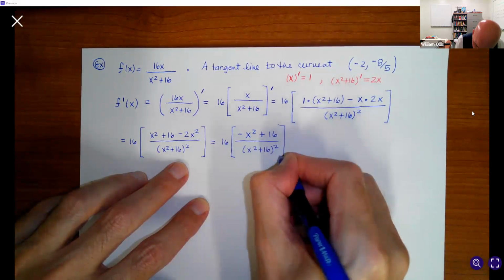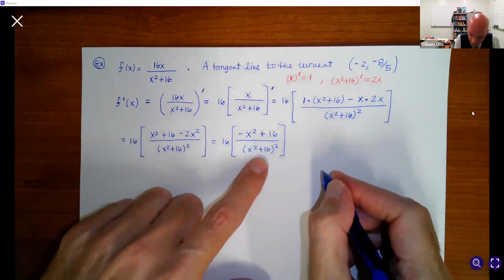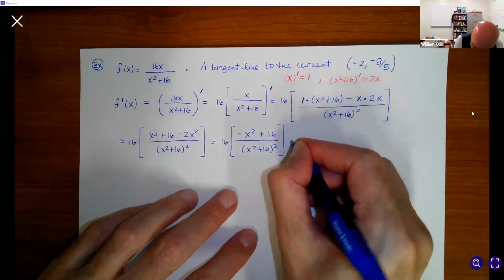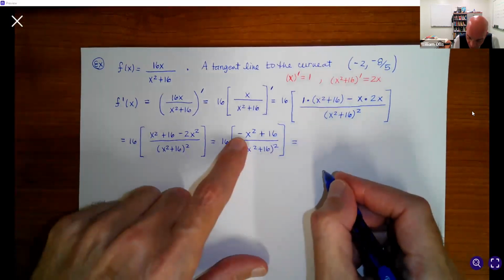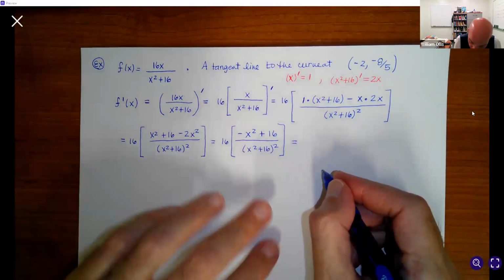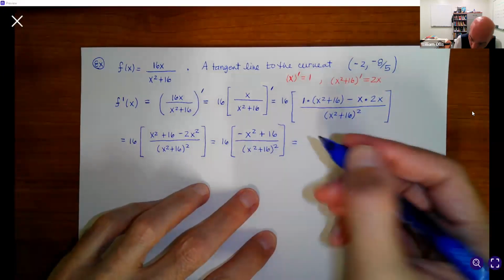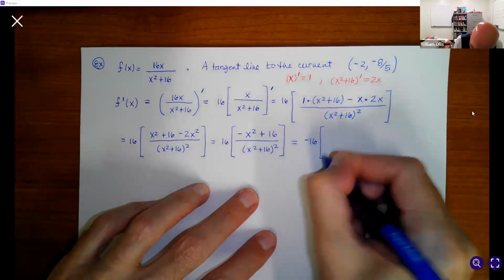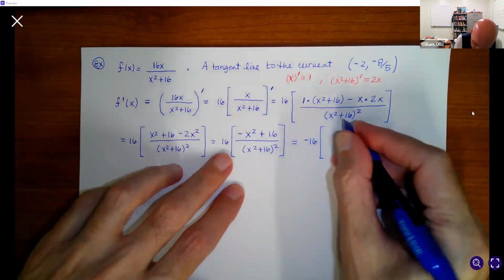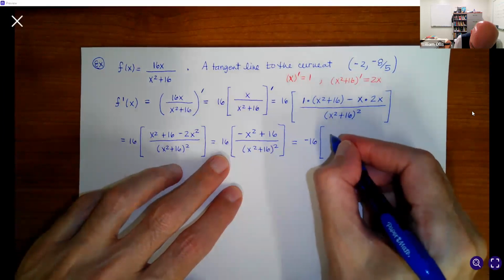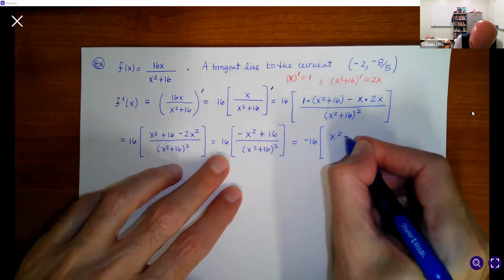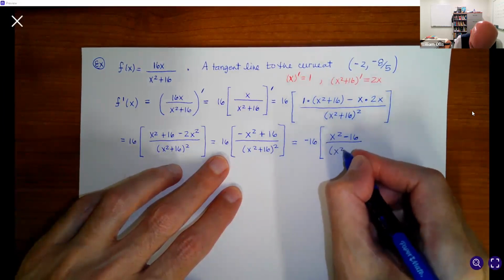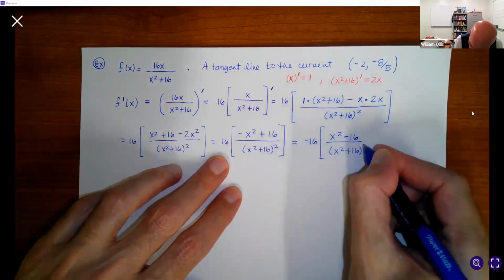So of course the denominator is irreducible. We can't really do much with that, but we can clean this up a little bit just for good practice. So let's factor a negative and then factor the difference of two squares just for practice. So we have negative 16. And then of course, this, if you like, I'll go ahead and write it out. This is x squared minus 16 divided by x squared plus 16 quantity squared.